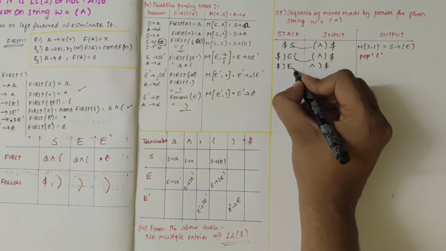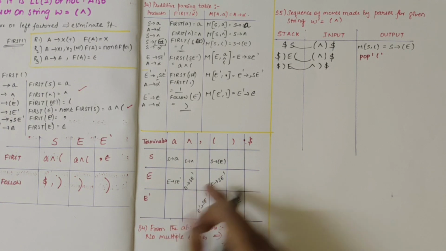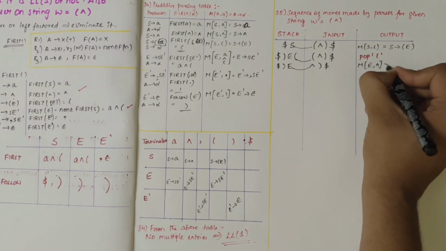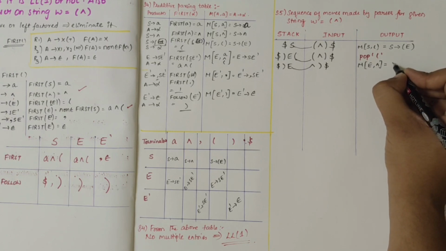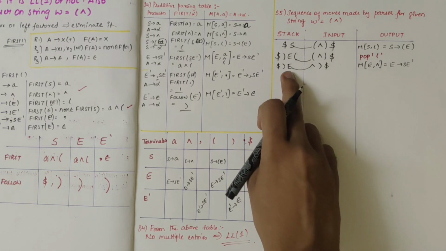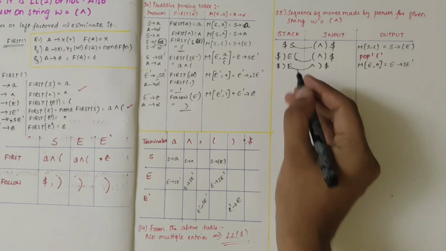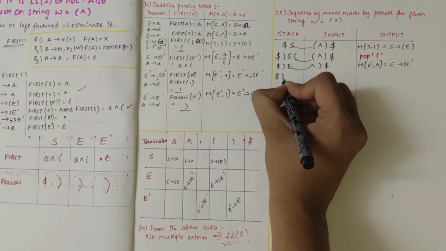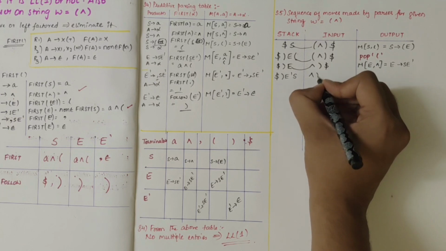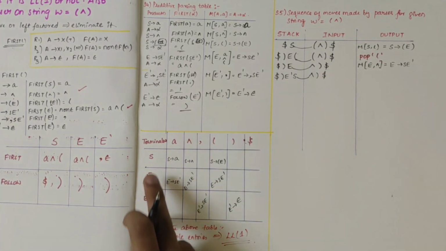So if you take the combination of E and exponential symbol, yes, M of E comma exponential symbol, you would get E derives SE'. So in the place of E you would write SE' in the reverse order, so E' S. So it would be dollar close bracket E' followed by S, and you'll compare S and the exponential symbol.